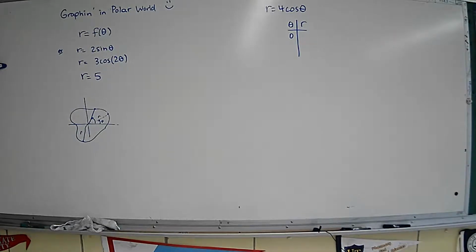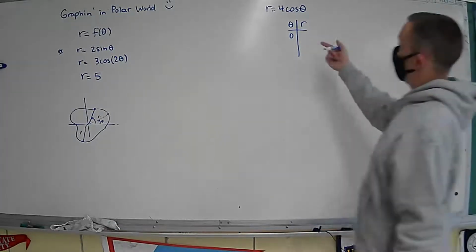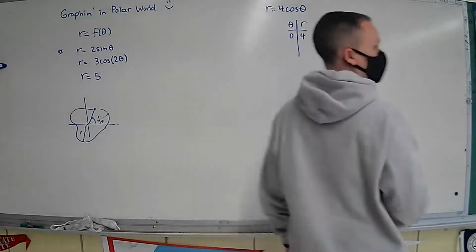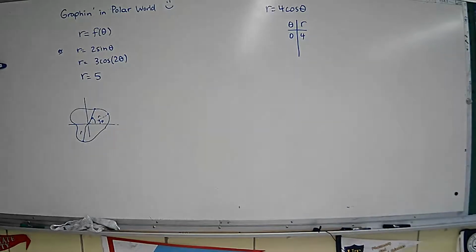You can look at the graph, or you can just plug it in. I'd rather plug it in. The cosine of 0 is 1, so r is 4. So when theta equals 0, we're right here. Okay?